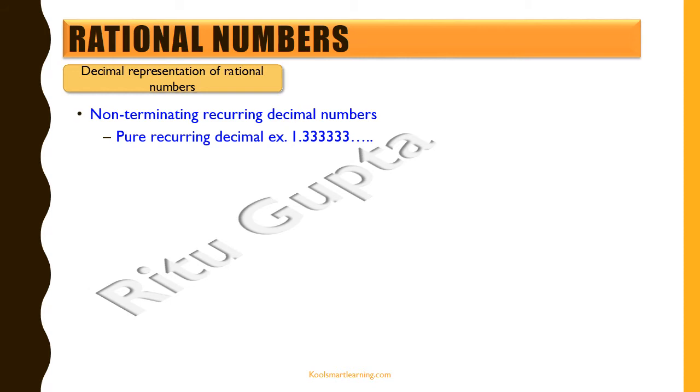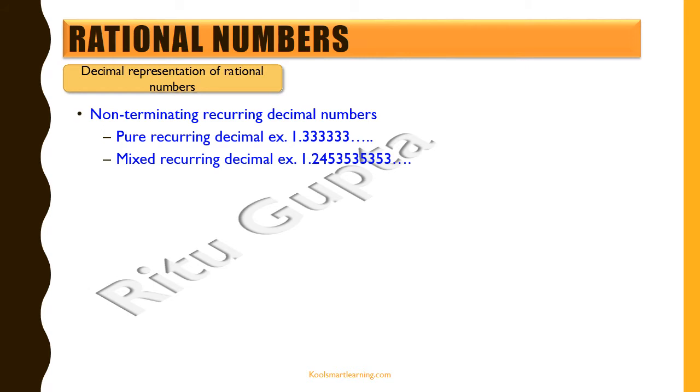Then there are some numbers which are mixed recurring decimals, which is of the type 1.24535353. If we see in this, 53 is the recurring part after the decimal, but 24 after the decimal are the digits which are not repeated. Right? So it is a mixed recurring decimal.